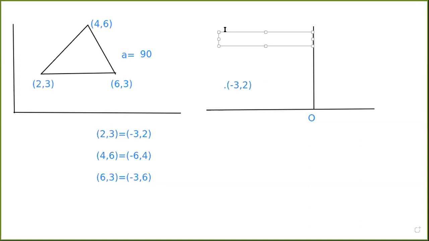Assume it will be here, like something here. This point will be -3, 6, exactly on the same line. And 4, 6 is at -6 and 4, something here.